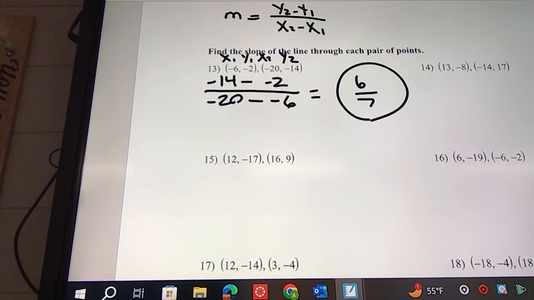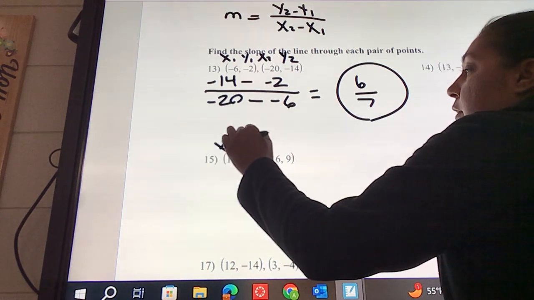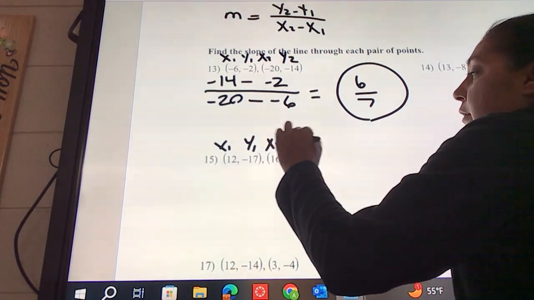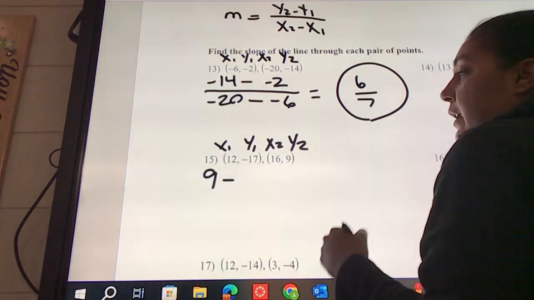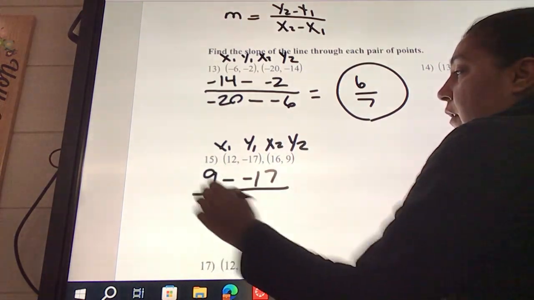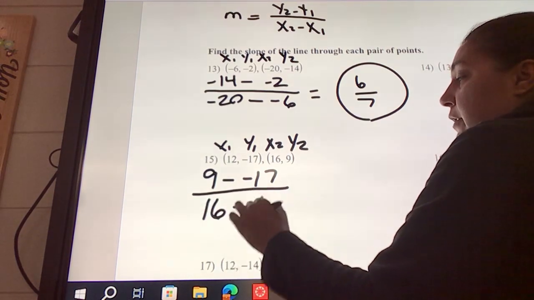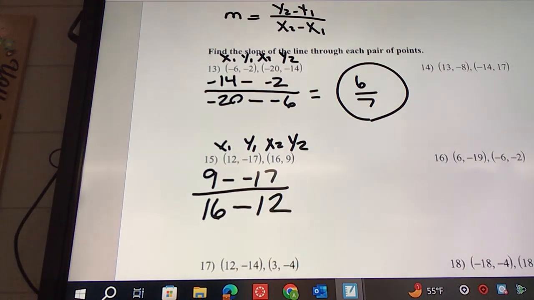Okay, 15. I got x1, y1, x2, y2. So it's going to be 9 minus negative 17 over 16 minus 12. 6. Wait, that's not the other one. 13/2.